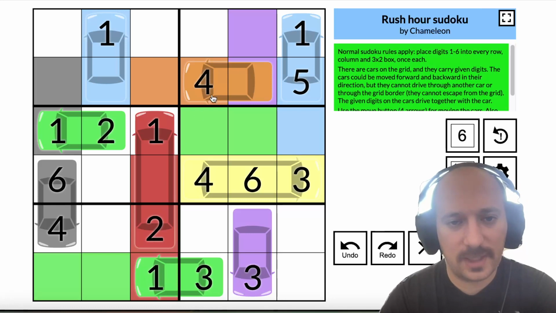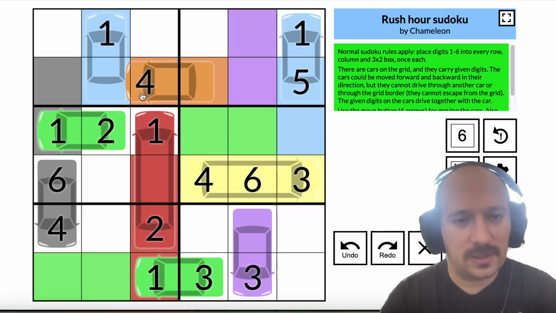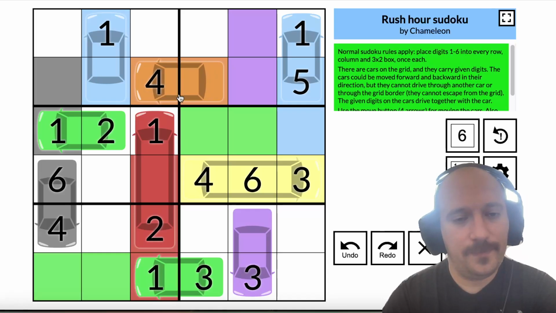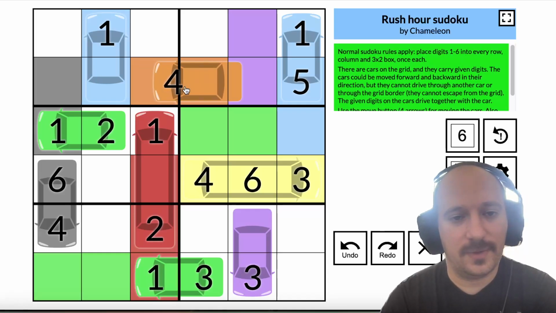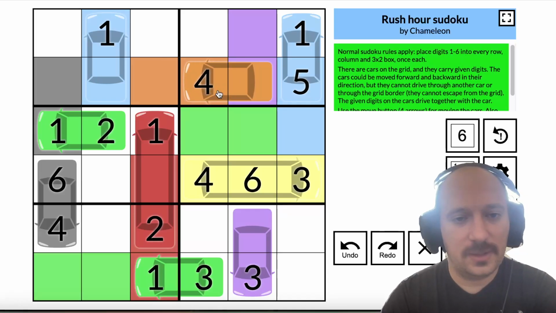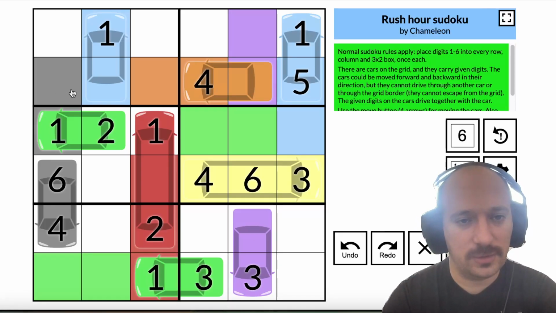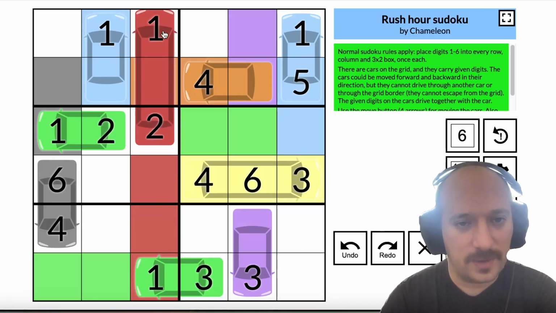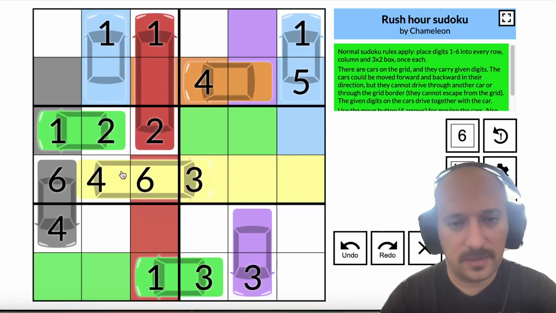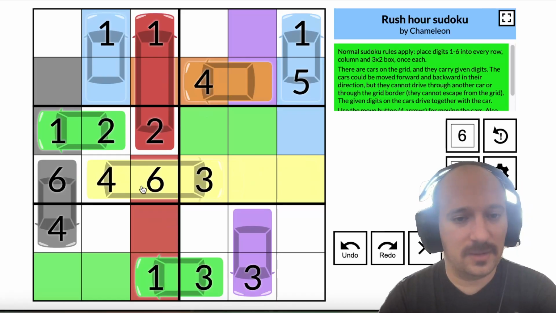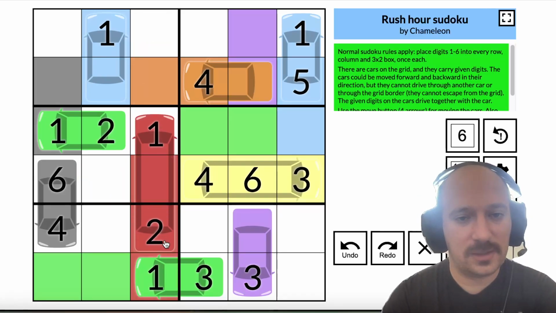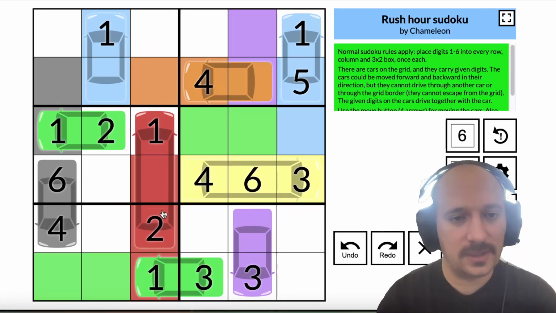I only proved that I need to free some space for the orange. But now we know that in order not to go back to the start, I need to move orange all the way to the left. We need orange to end up here, then move the red, then move the yellow. So let's think how we can do that.